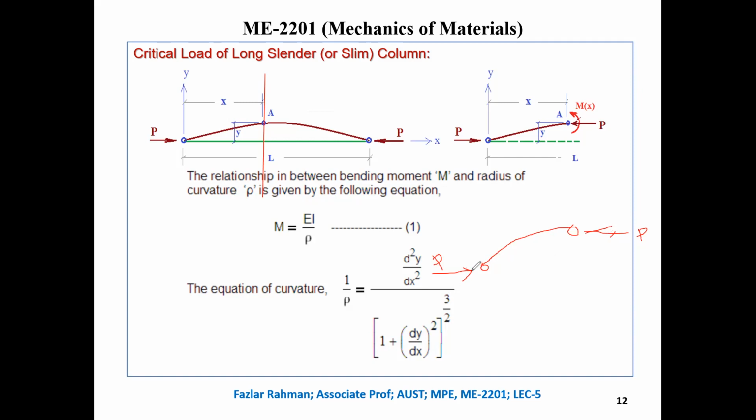Now we see this P working along this direction, and this P working along this direction, and there is a distance between these two points. That means it is rotating in the anti-clockwise direction. This P is pushing along this direction and that P pushing along the other direction, so this body is rotating.